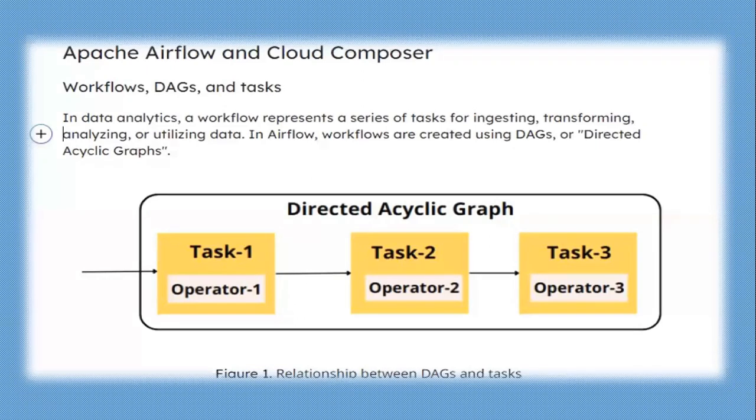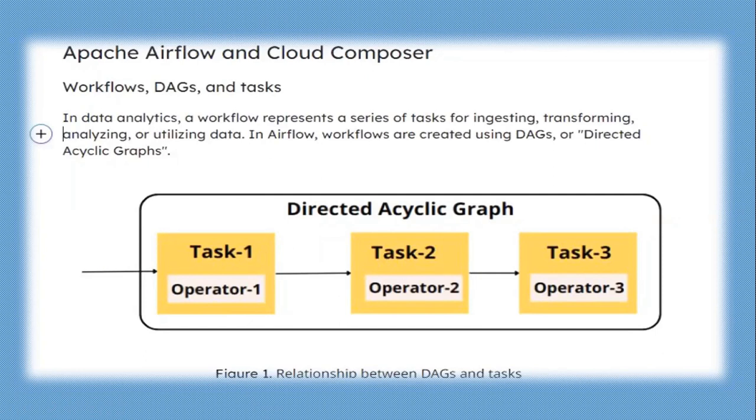The complete body of the DAG will have the tasks, especially, and give the dependencies among them. So in data analytics, a workflow represents a series of tasks. Very important: workflow is another word for the DAG only. So workflow can be used alternatively as the DAG.